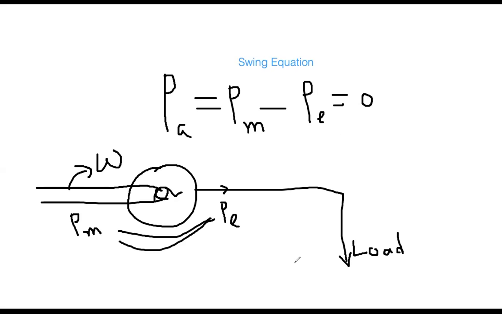But now everybody see, in real practice, what is happening? Here are the loads. Customers are connected here. Therefore, continuously, this P_e is changing. Either it is increasing or it is decreasing. For example, your P_m is 100 megawatt and your P_e is also 100 megawatt, and in that way the system is running well.